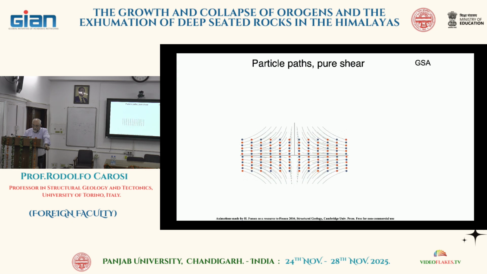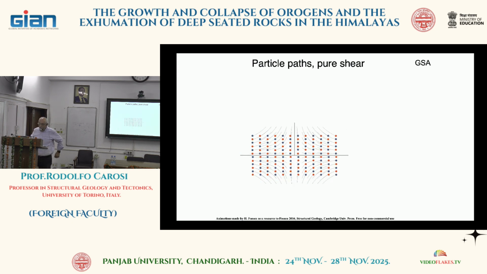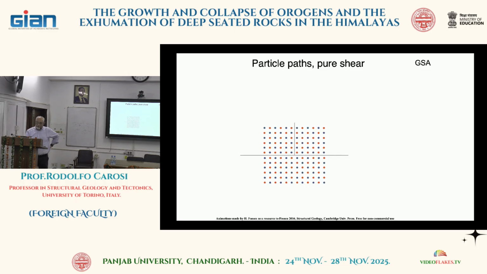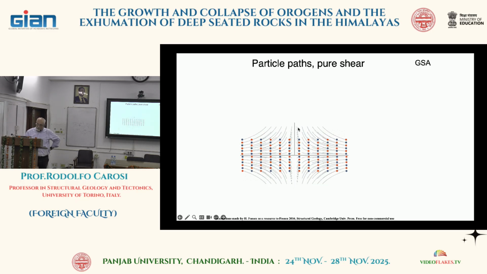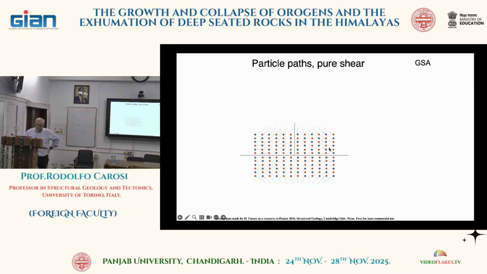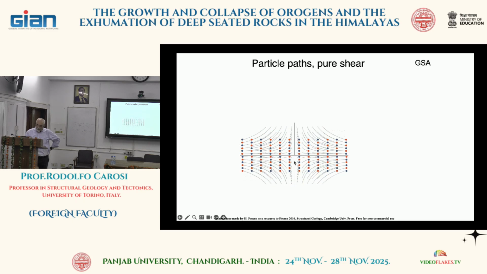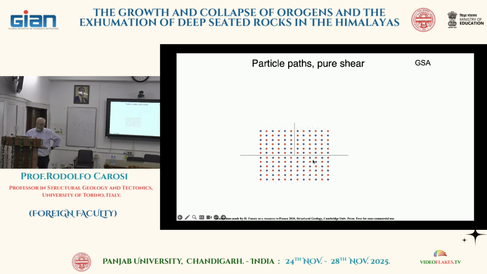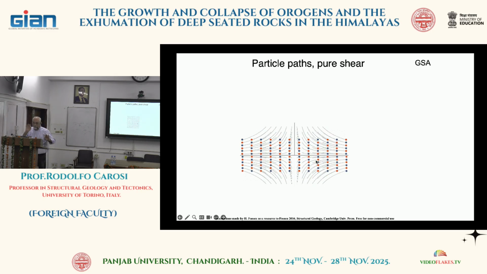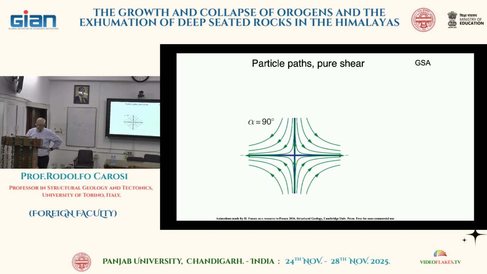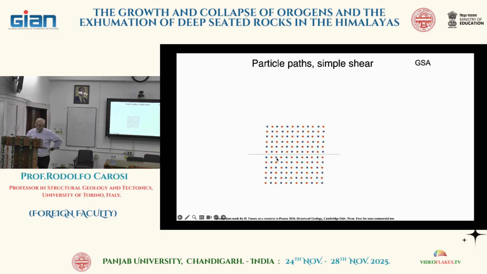You can see here the particle paths in pure shear in this movie made by Fossen. You can see all the lines move along curved paths; only along these apophyses does the particle move in a straight way. So at the end, these two blue lines are the apophyses, and the angle of the apophyses is 90 degrees in pure shear.